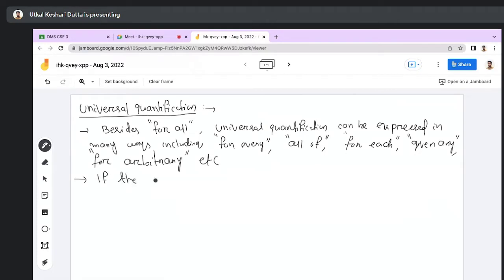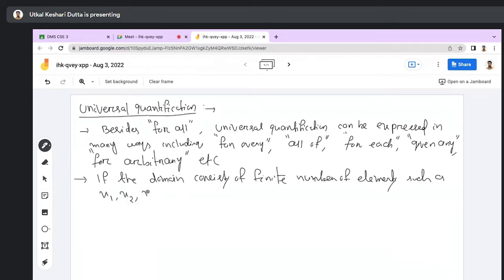If the domain of a predicate consists of a finite number of elements, such as x1, x2, x3 up to xn, say.